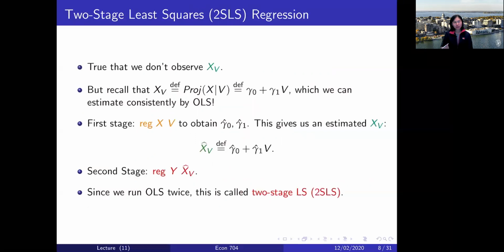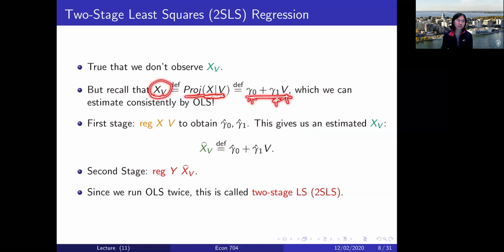However, that's not a huge problem, because by definition, XV is the projection of X on V. Projection can be written in this form. It's a linear function of V with some coefficients gamma 0, gamma 1. Projection is the easiest model to estimate.